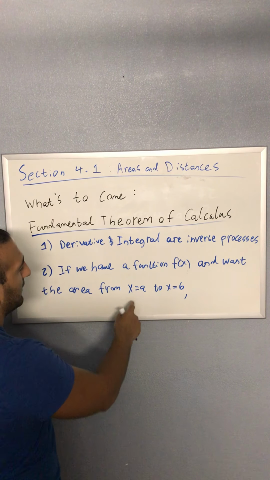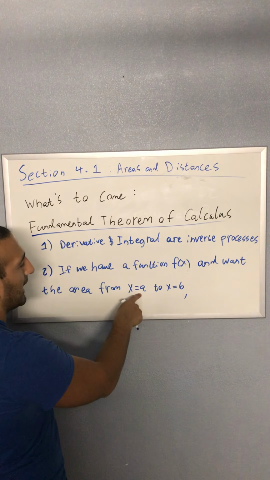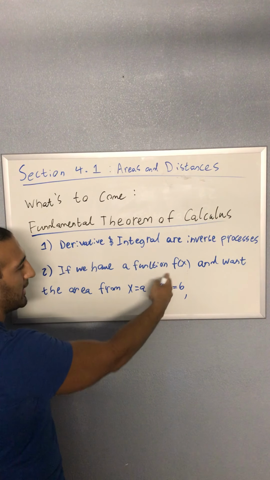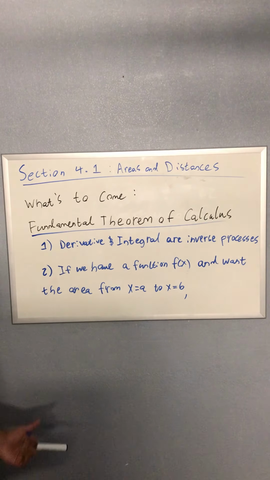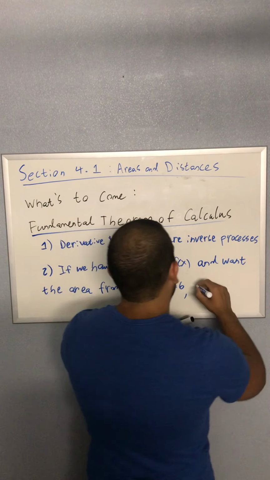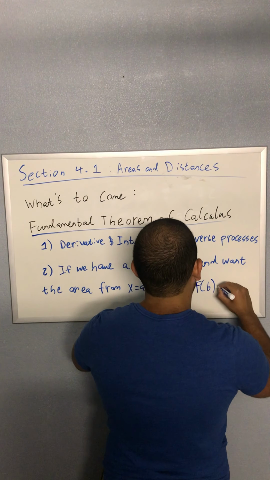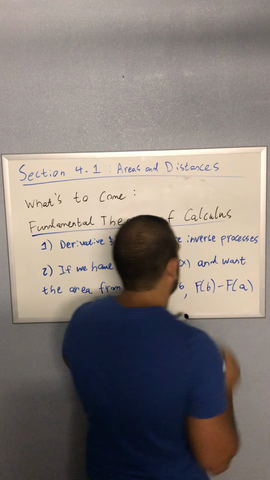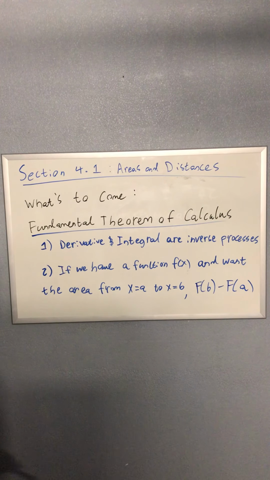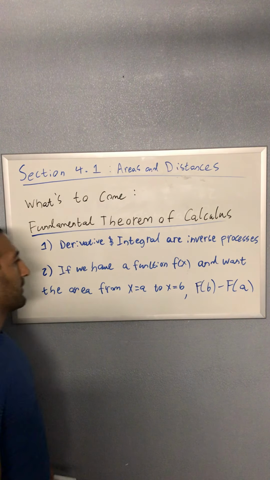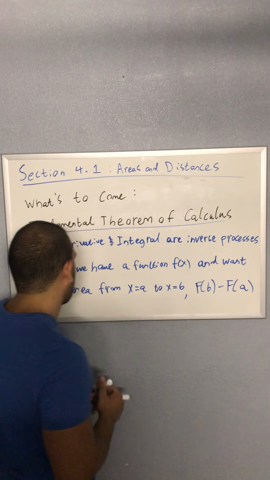So, for example, in our case, it was -1 and +1, and our function was x squared. Then the answer to this is just the antiderivative at b minus the antiderivative at a. That's going to be the area under the curve.